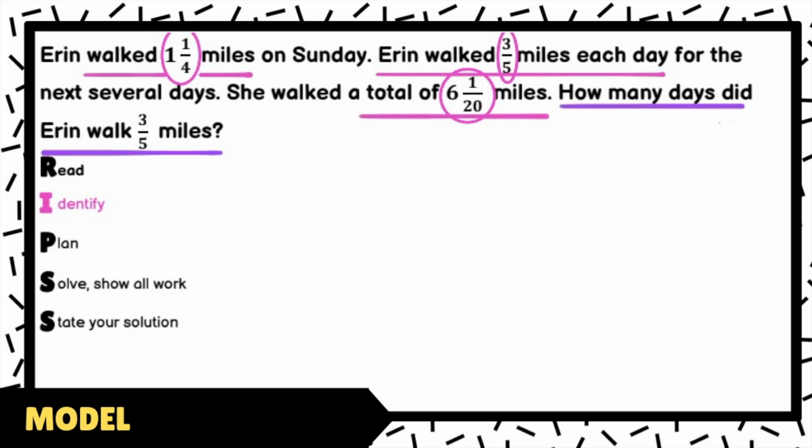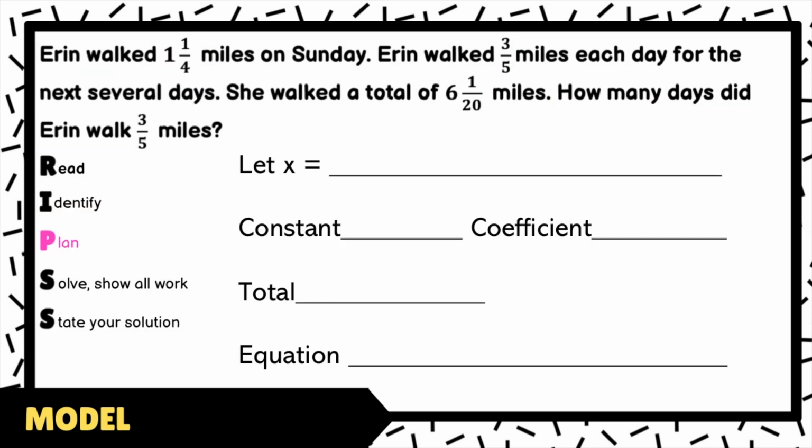So that'll be our let statement. We'll let x in our plan equal the number of days that Erin walked. Our constant, the thing that's only happening to Erin one time, is that she walked 1 1/4 miles. Then we have our coefficient, the thing that's happening over and over again. And because of that keyword each, I know 3/5 miles is our coefficient.